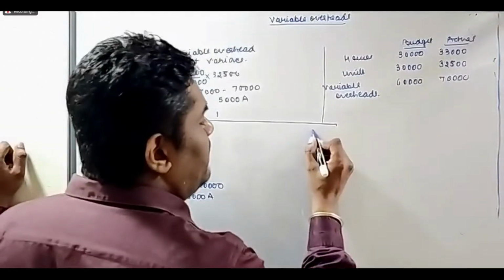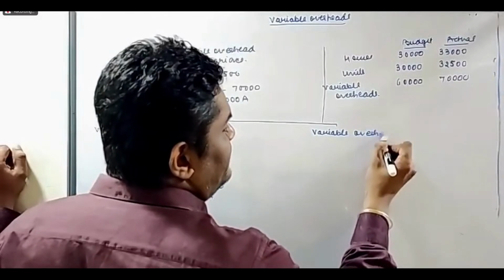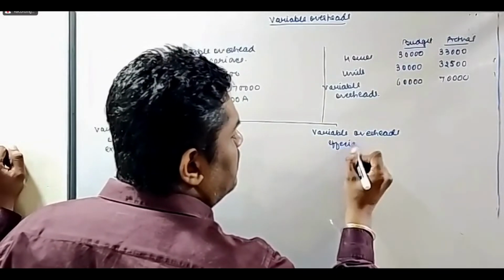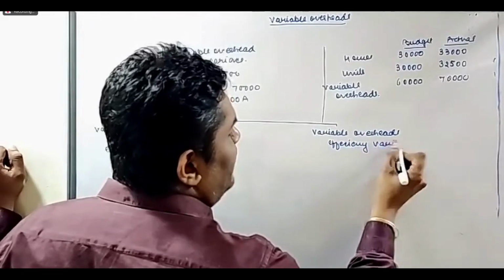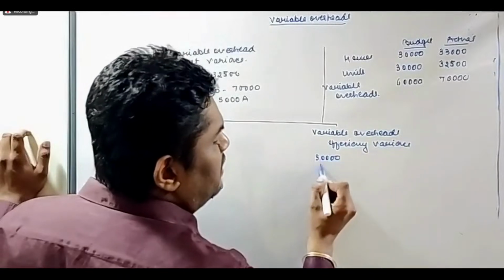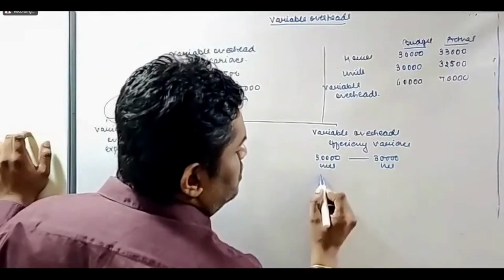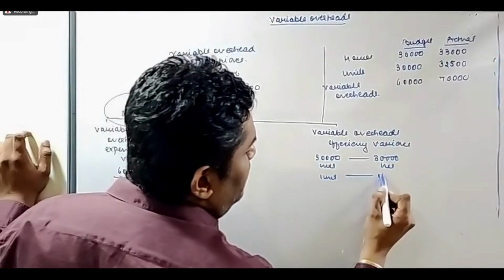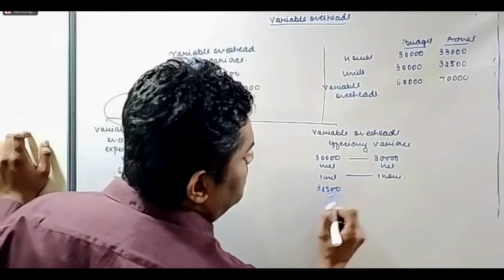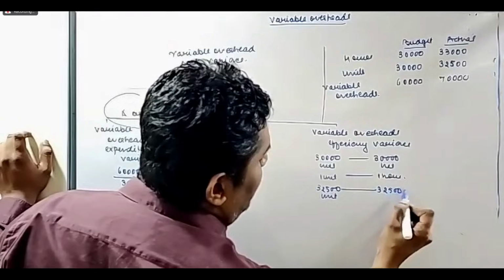Now, when talking about variable overhead efficiency variance, it is just similar to fixed overhead. See, 30,000 units, how many hours? 30,000 hours. So 1 unit should not take more than 1 hour. So 32,500 units should be completed in 32,500 hours.